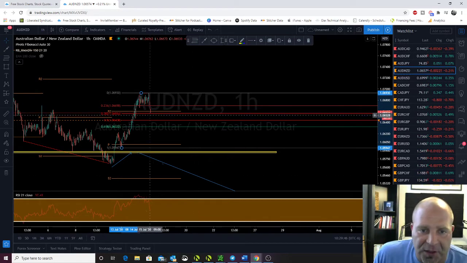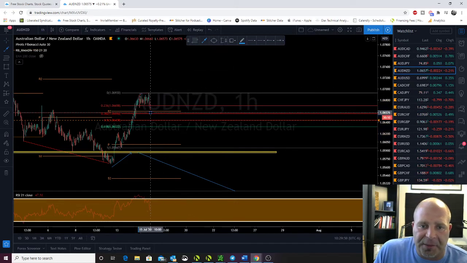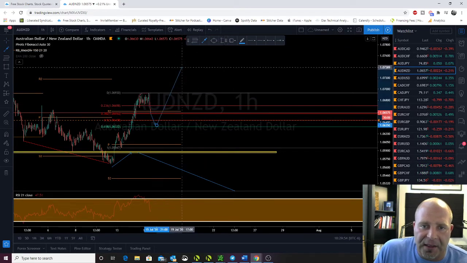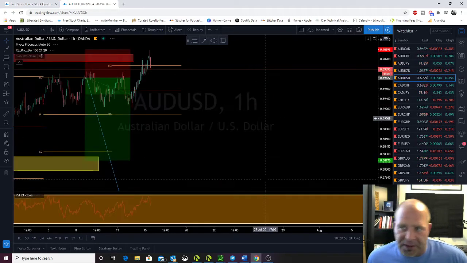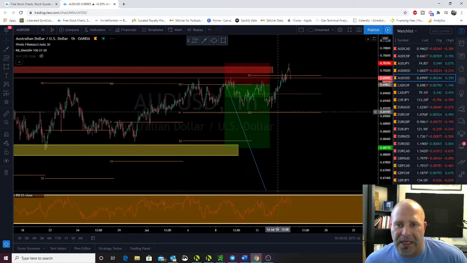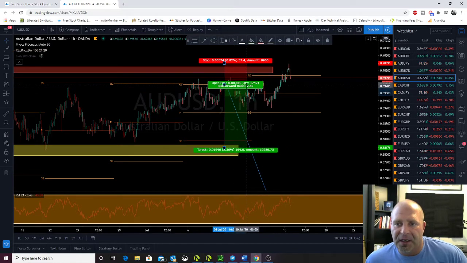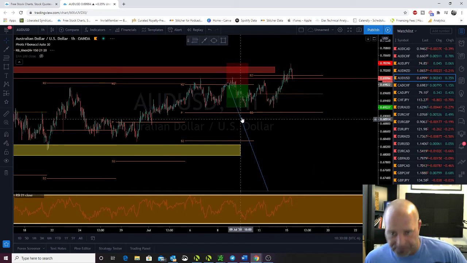So guys, we're going to look to see what price does here. I'm actually going to make a prediction. I think we're going to come down to here, and that I want to be long. All right, so Australian dollar, U.S. dollar. Well, you can see we had an active trade on this. This trade never got back down to here, but we did close it.